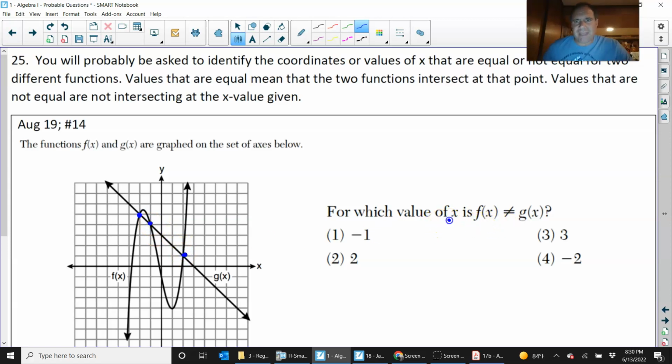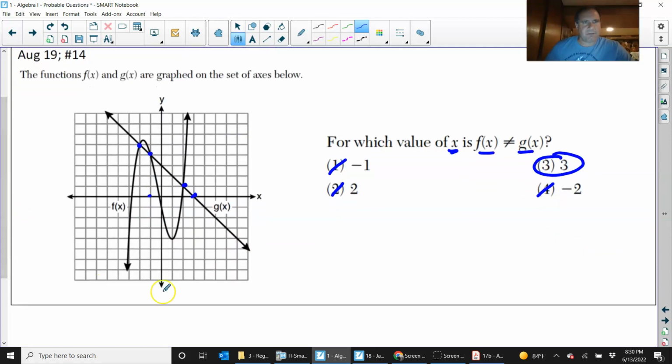So which value of x, x only, are they not equal? So this is -2, and they're equal at -2, so that's out. This is x as -1, that's out. This is x at 2, they're equal right there, that's out. At 3, they're not equal, that's it. All right, so just be aware of the questioning right there.